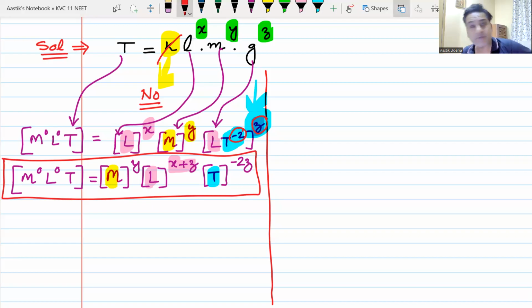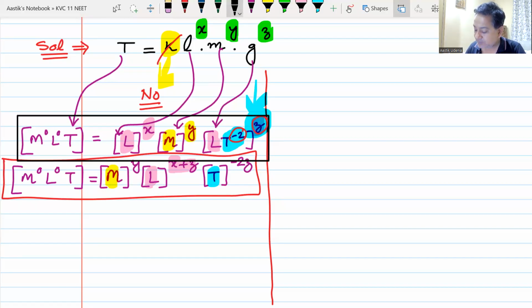Now remember, any problem in physics is definitely not a problem of only physics, it is a problem of maths as well. Physics may play a very small part in the entire question. The rest of the question is simply maths. In this particular question, this black box is the only part where physics is applied.